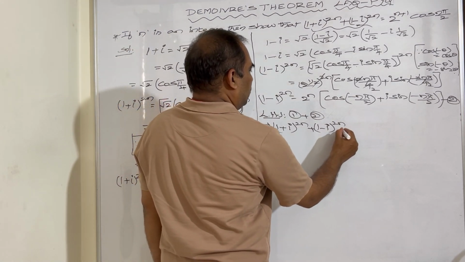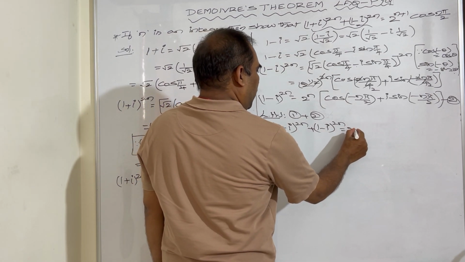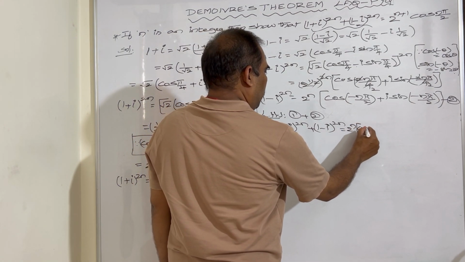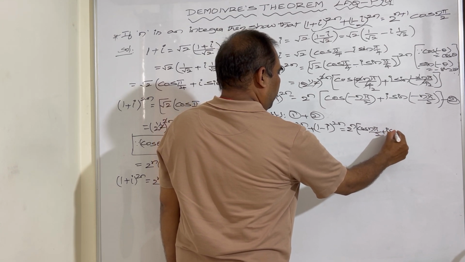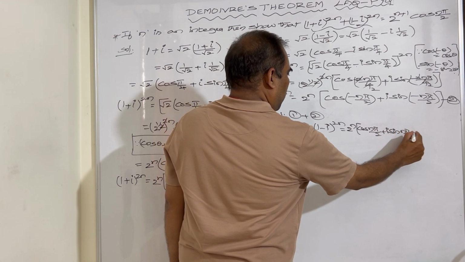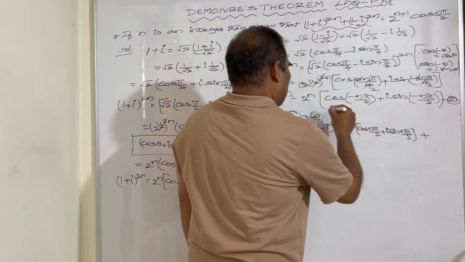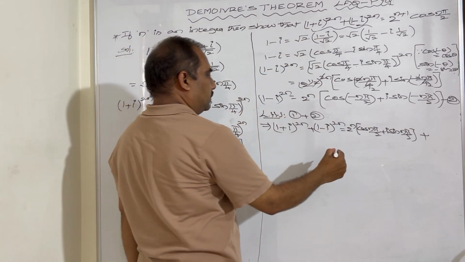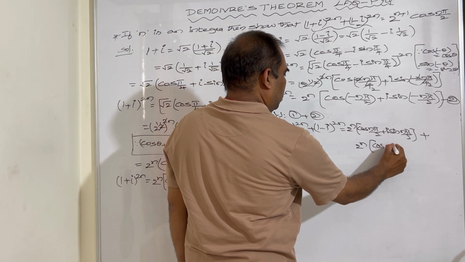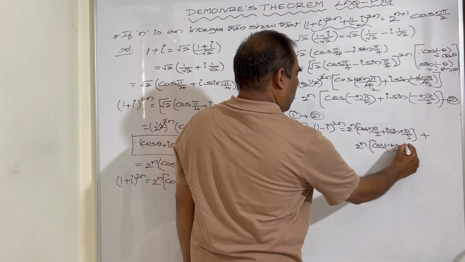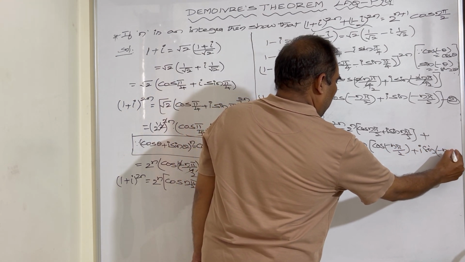Right hand side we have 2 to the power of n into cos of n pi by 2 plus i sine of n pi by 2, and also plus, from the second equation, 2 to the power of n into cos of minus n pi by 2 plus i sine of minus n pi by 2.